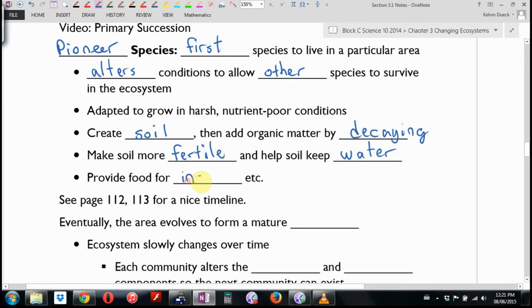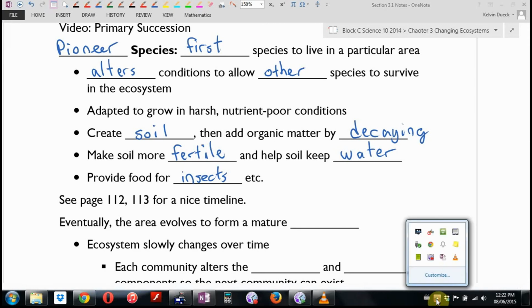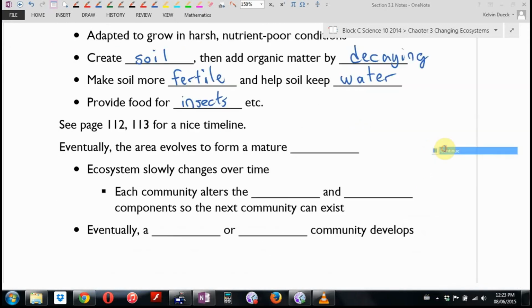These provide food for insects, etc. I wrote see page 112, 113 for a nice timeline. I'll just show it to you. In fact, I think eventually the area evolves to form a mature, I think the word we're looking for here is community. I was going to say ecosystem, community.